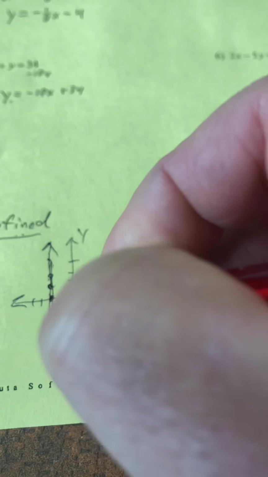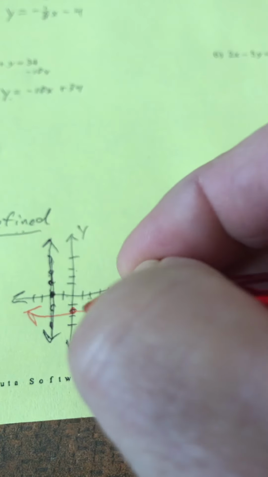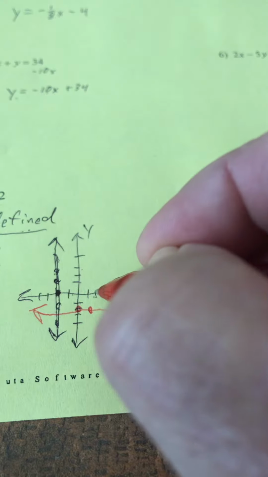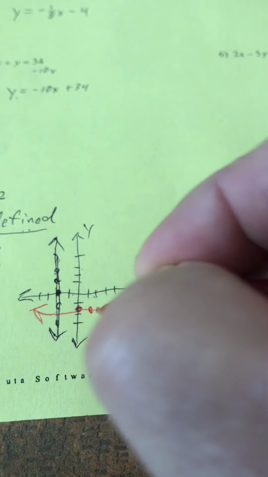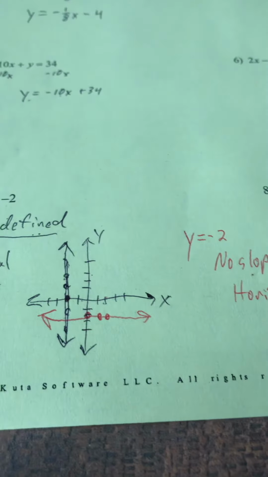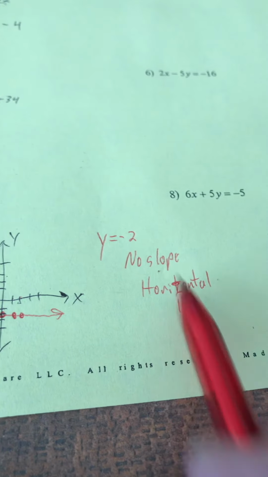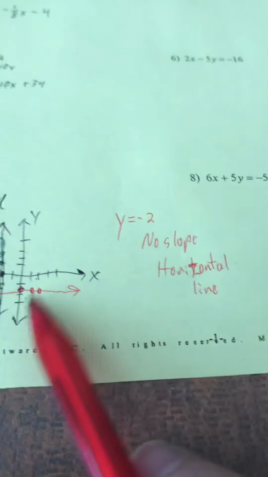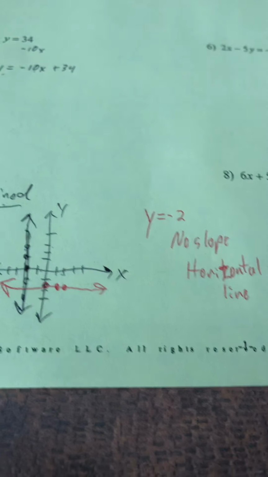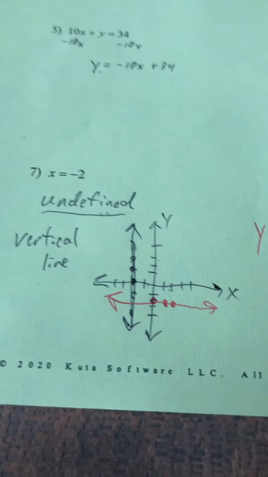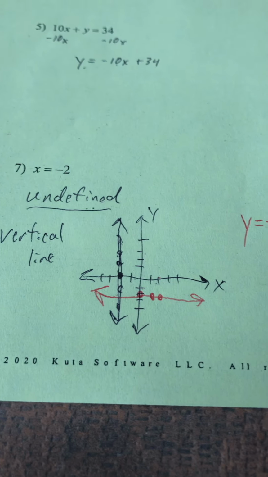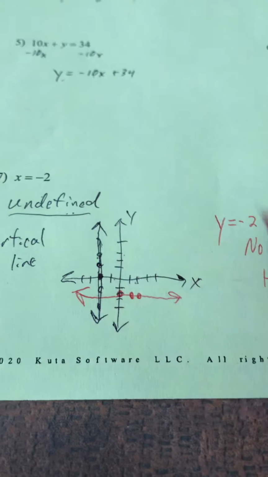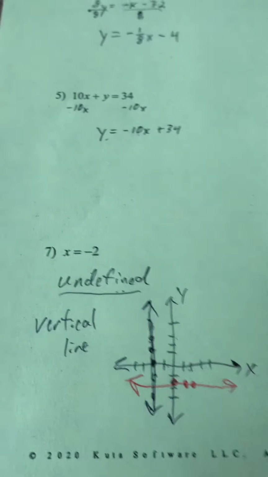And negative 2 would be down here, and y is always going to be, no matter what x is, like x1, y is going to be negative 2. x2, y is going to be negative 2. No matter what, y is negative 2. That's what no slope or zero slope looks like, okay? And it's still considered slope-intercept form, but it's just going to be either a vertical line or a horizontal line when you have just x equals or when y equals, just so you know.